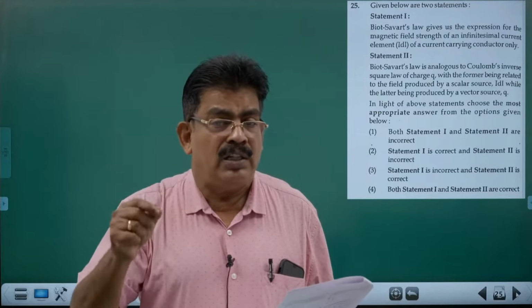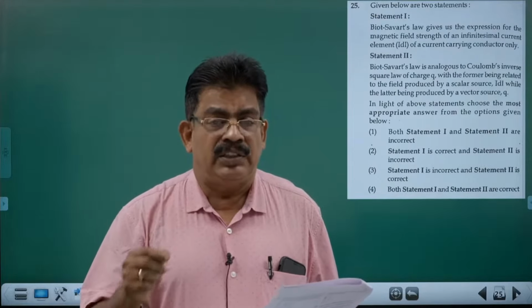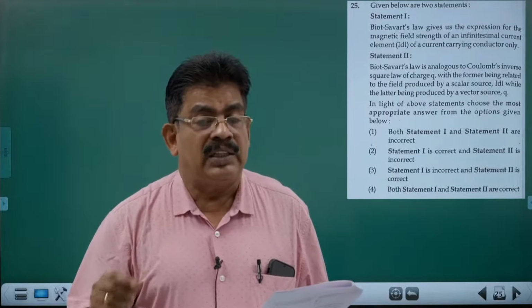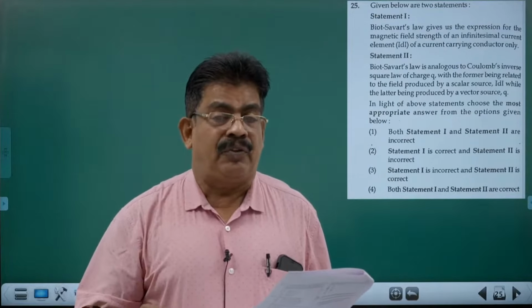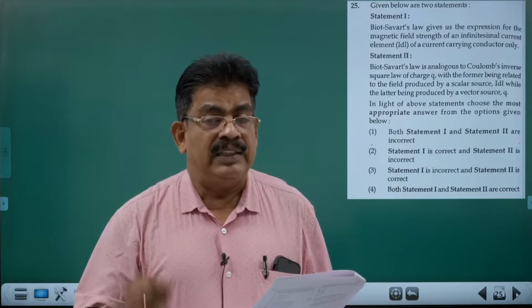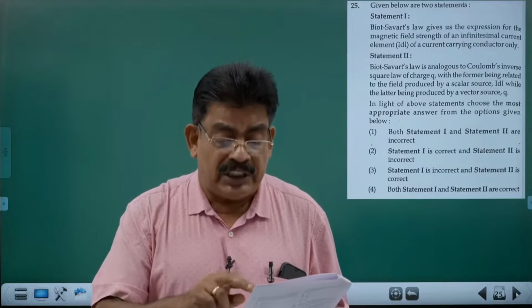They have narrated four differences. This one difference is that source of electric field is a charge, that is a scalar source. The source of magnetic field, source of dB, is current element Idl, and that is a vector one. But in statement 2, they have just reversed.